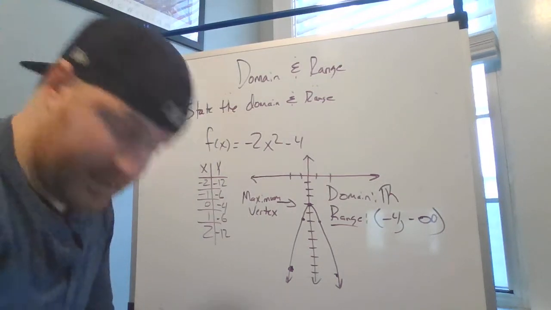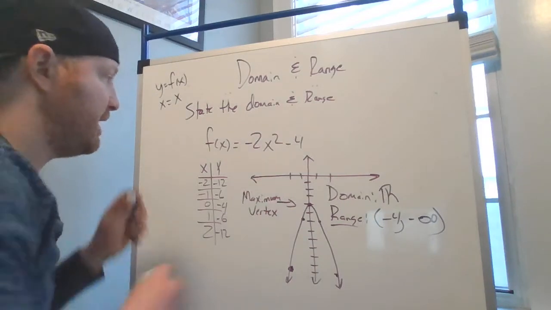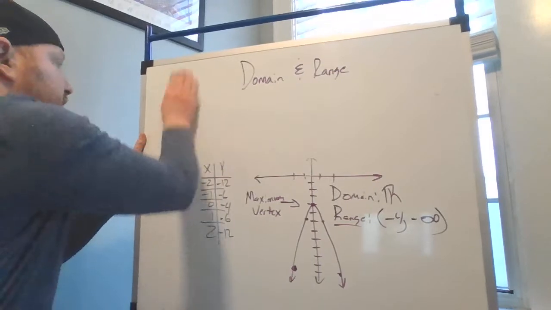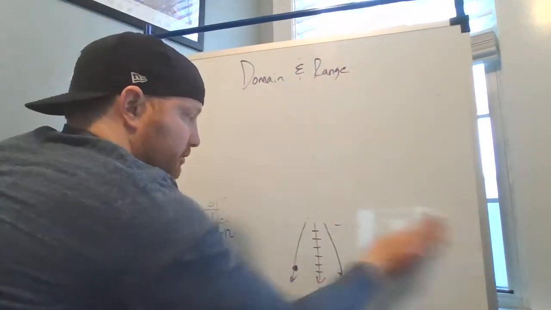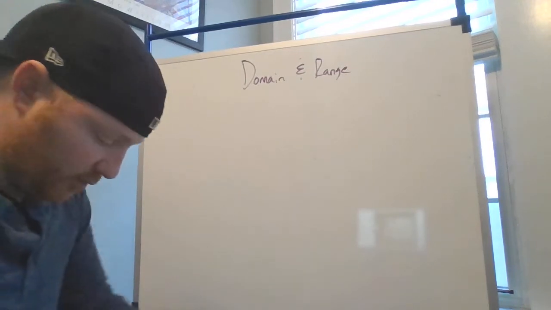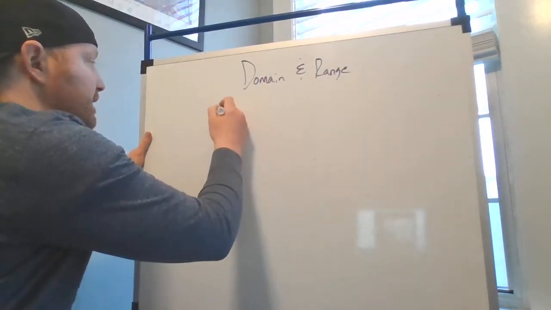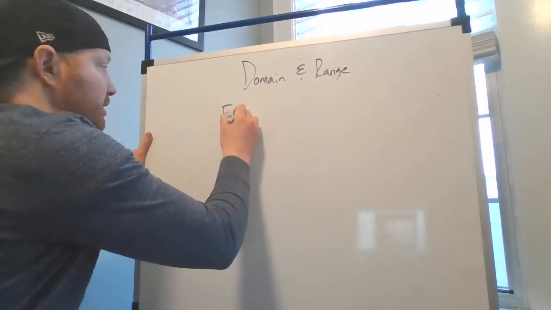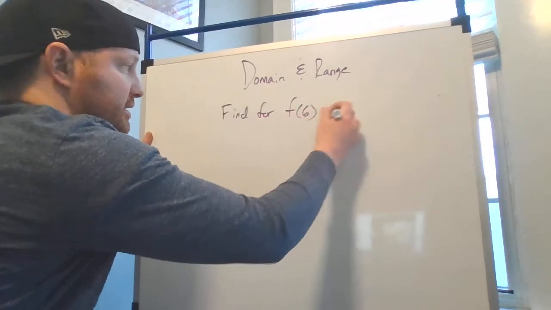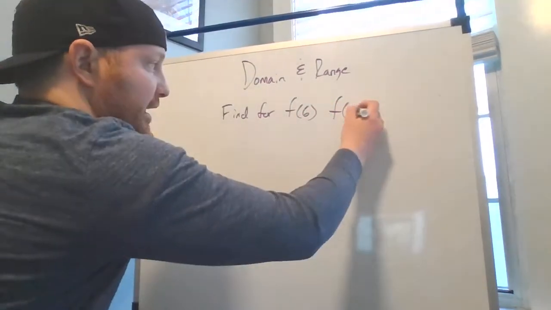Last but not least, I want you guys to get used to some math notation so you start seeing this. Let's go through this right now. You will be asked to do some problems where it will say find f of 6, and these are just random examples, or f of, let's just say -2.